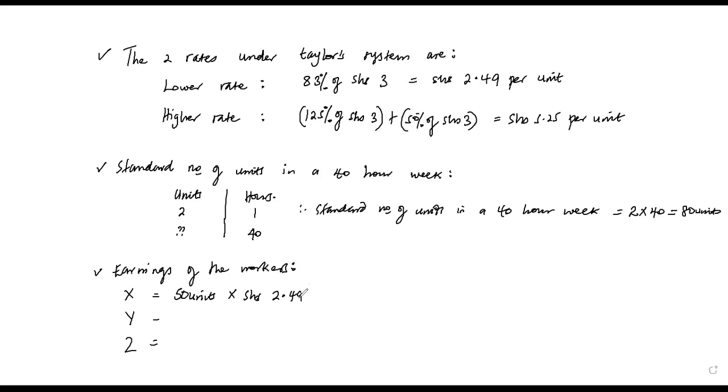How much do we get? Let's compute and we see the earnings of X. 50 times 2.49.